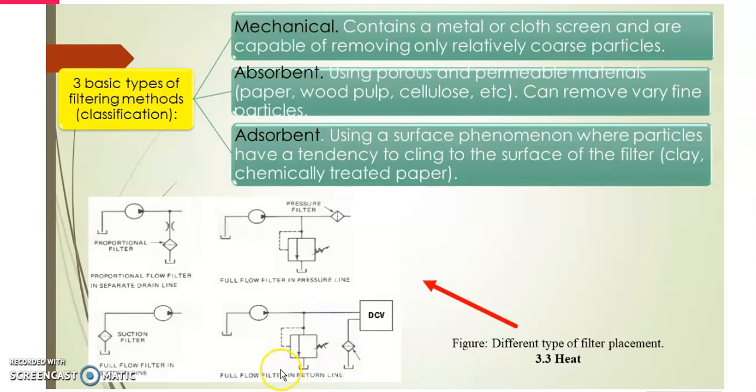Actually, in general, there is no best single place to put the filter. We can consider where dirt enters the system and put the filter where it will do the most good.